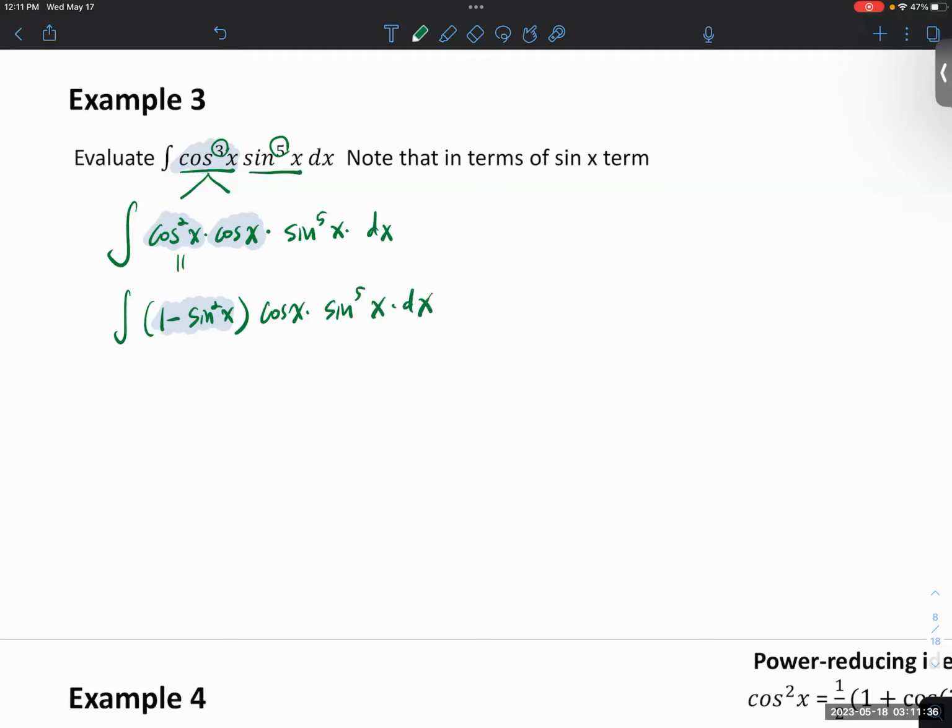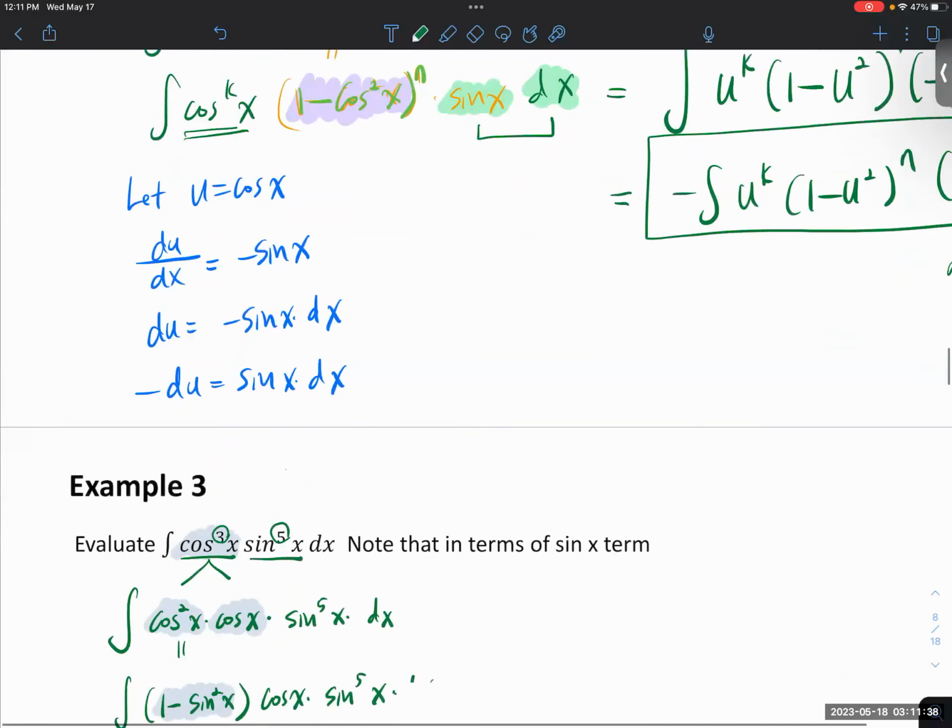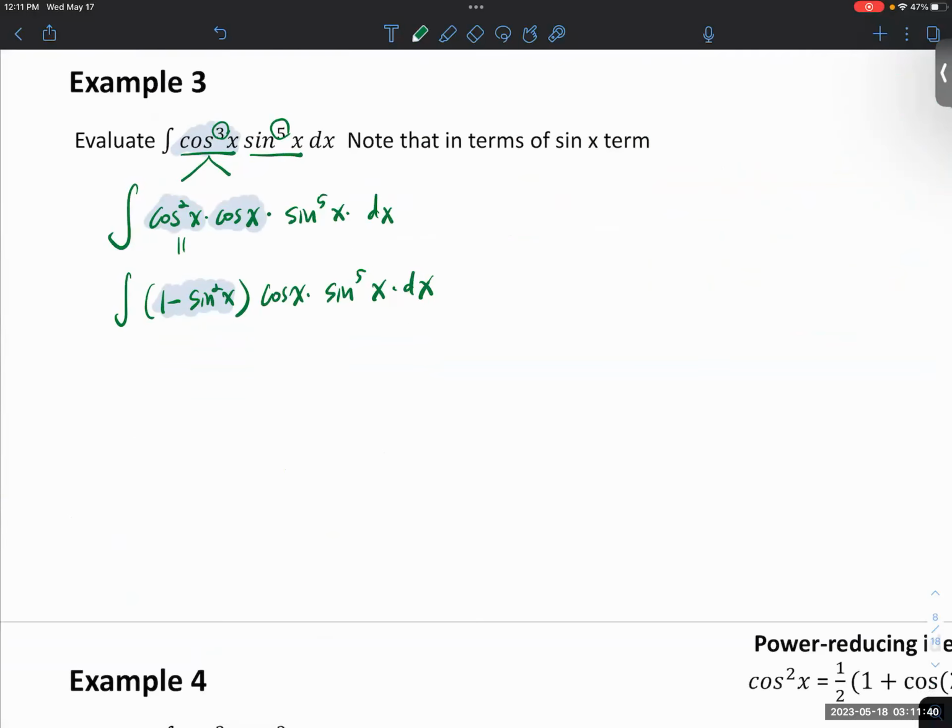Getting better. And then we know that according to the above proof, we are going to find out the sub. Where is the sub? Sine x has been subbed into the fifth power. Sine x has been subbed into the second power. So let u be sine x. So du over dx will be cosine x. So du will be cosine x times dx.